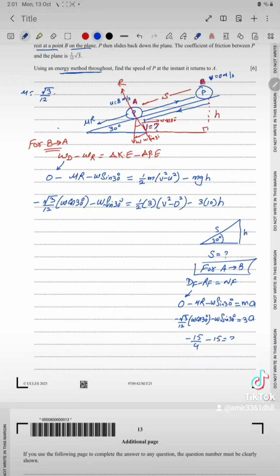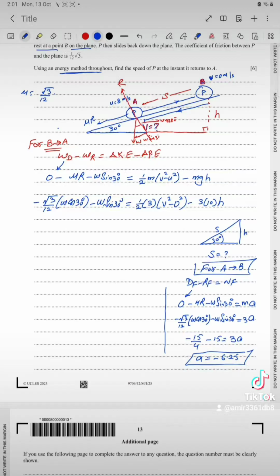So 15 is equal to 3a, so a comes to be minus 6.25. The negative sign shows it's decelerating, because it's going up, and at point B the particle's speed will be 0 because the driven force is not applied on it. Only the speed with which it is thrown up, 8 meters per second, takes it there.